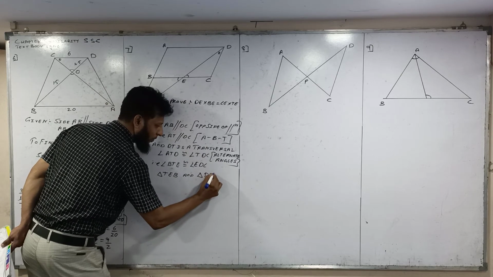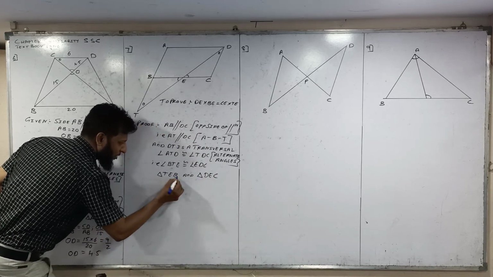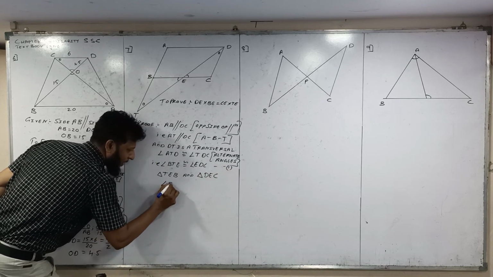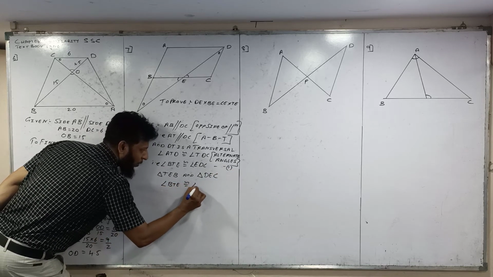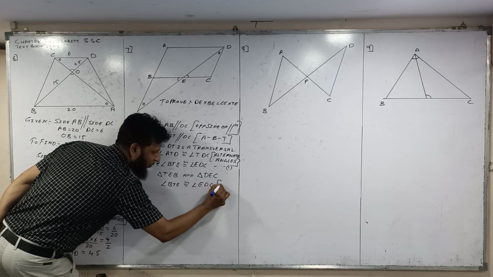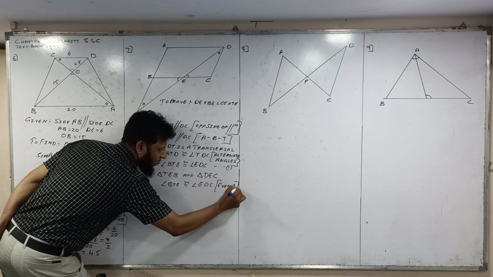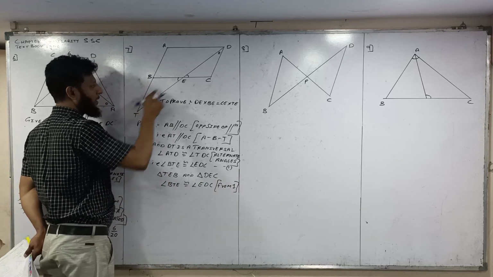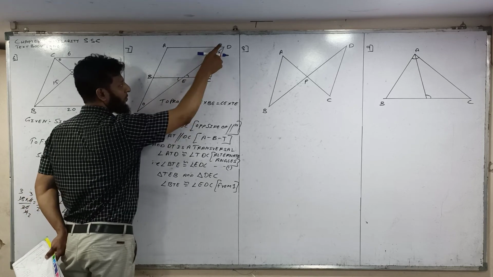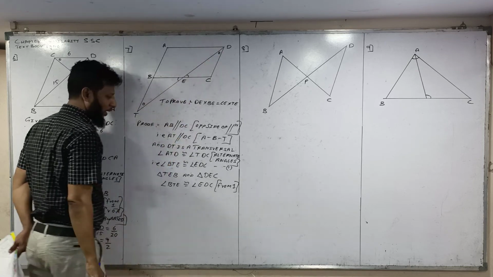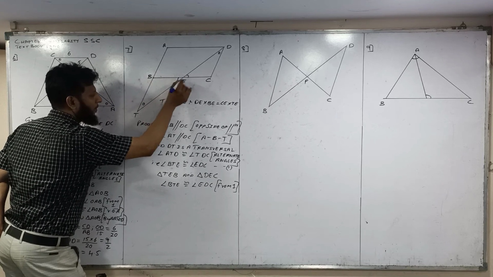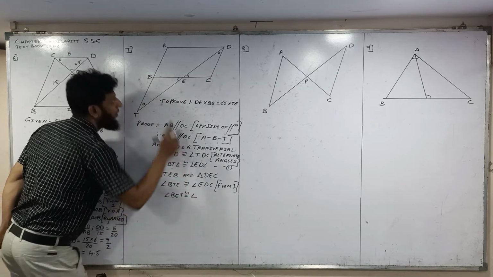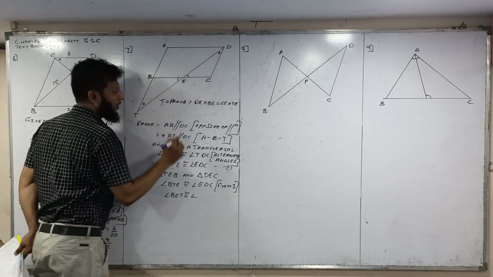Now in these triangles, angle BTE is congruent to angle EDC from 1. Now the vertically opposite angle BET is congruent to angle CED.